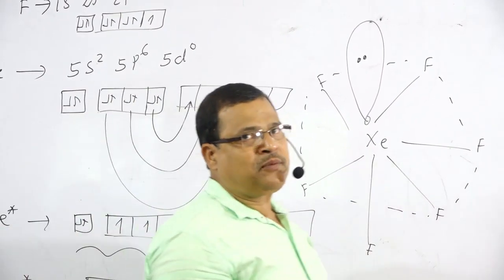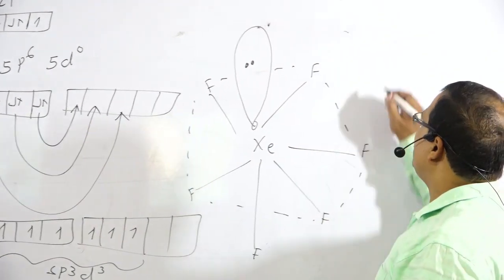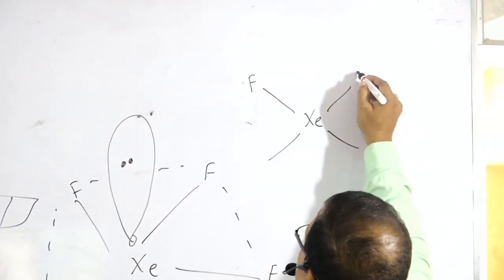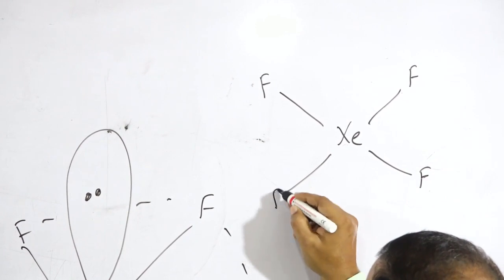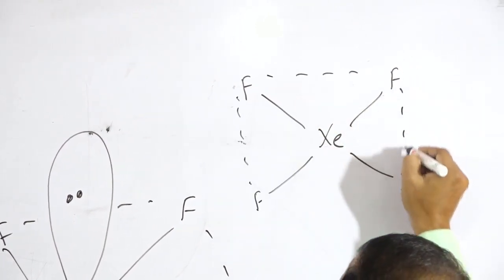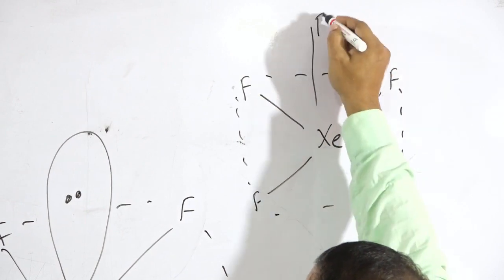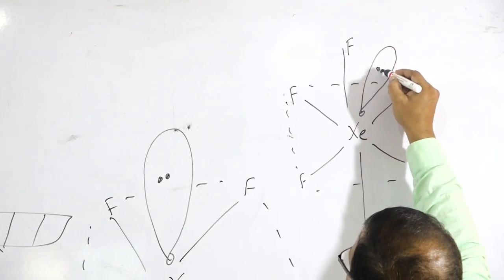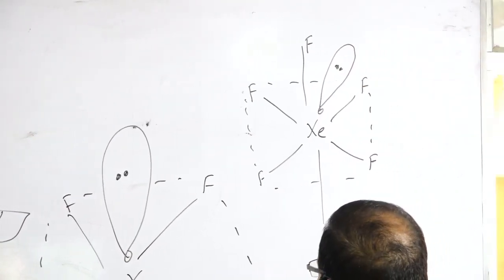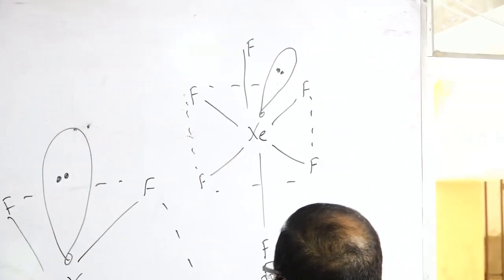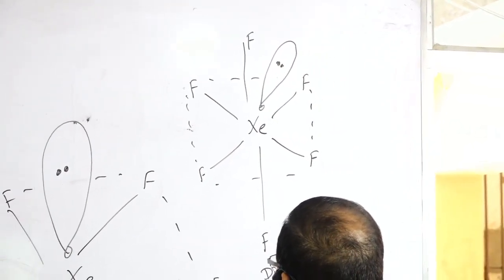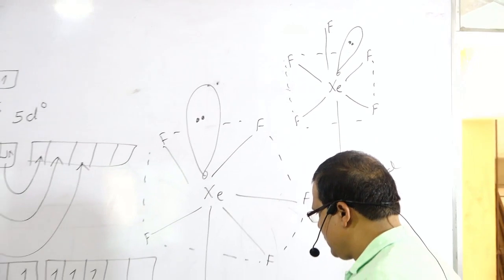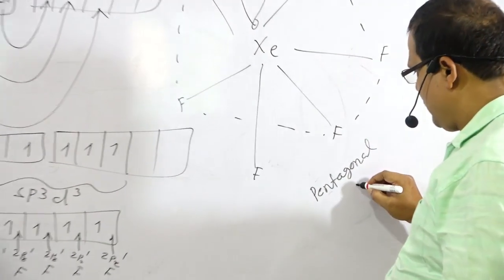But the most preferred structure for this is distorted octahedral: Xe, one fluorine atom, and on this side the lone pair of electrons. That is the distorted octahedral structure, while this is pentagonal pyramidal.